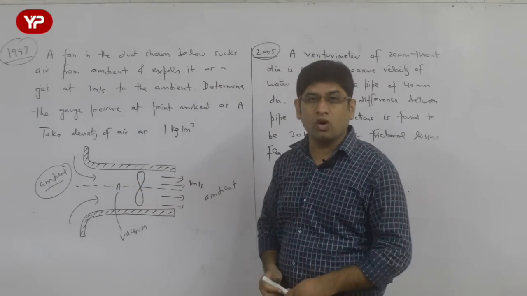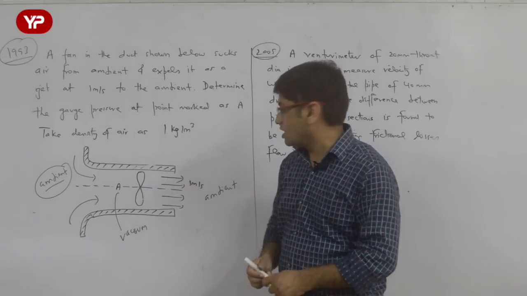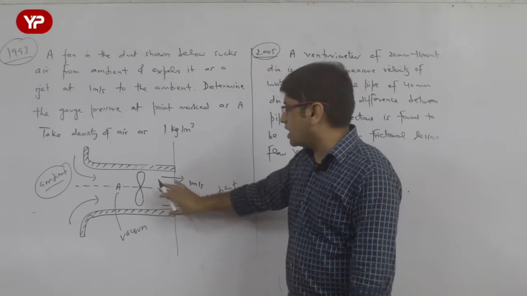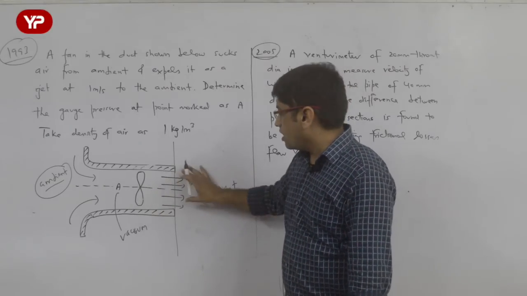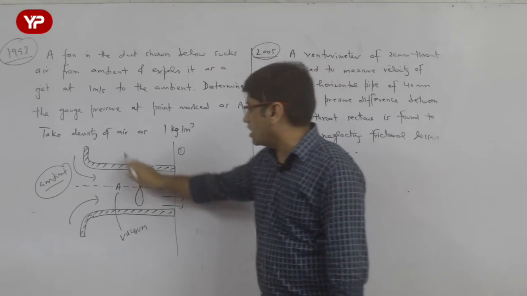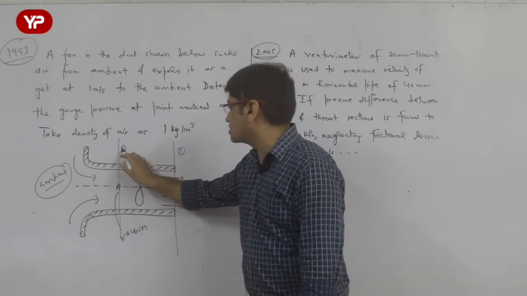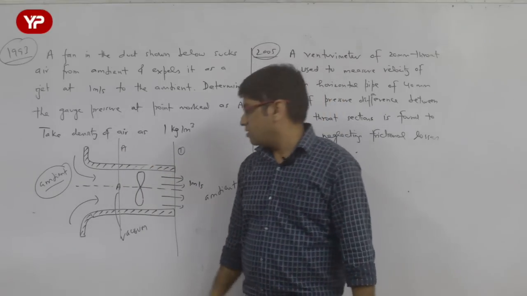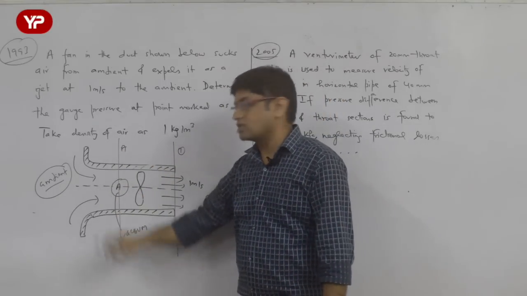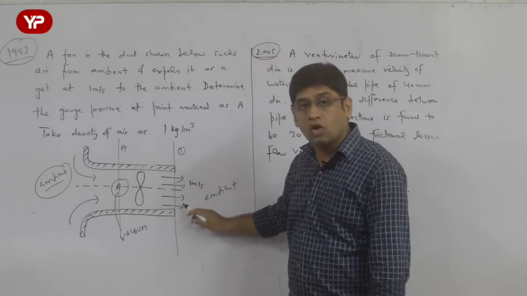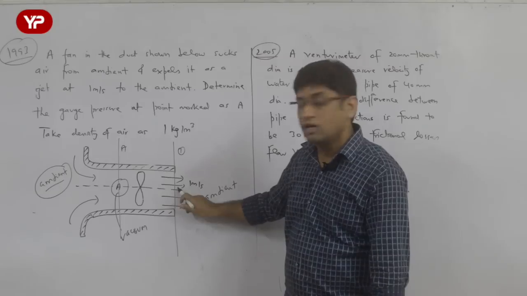For that we need to apply the Bernoulli equation between two sections at which we know the conditions. Now see, if I take this as section 1 and this as section A, which is given to me, I want to calculate the pressure at section A. I am given the velocity at section A. Do not misunderstand the velocity at section 1.